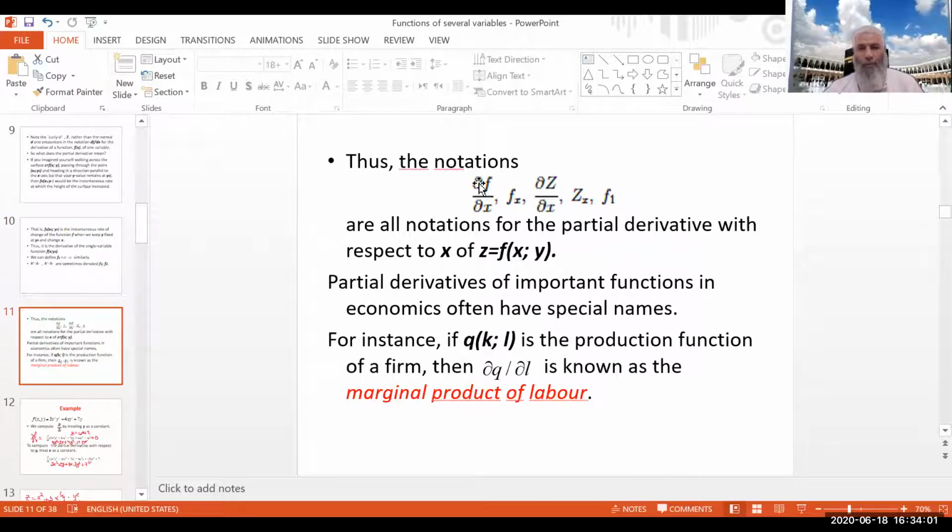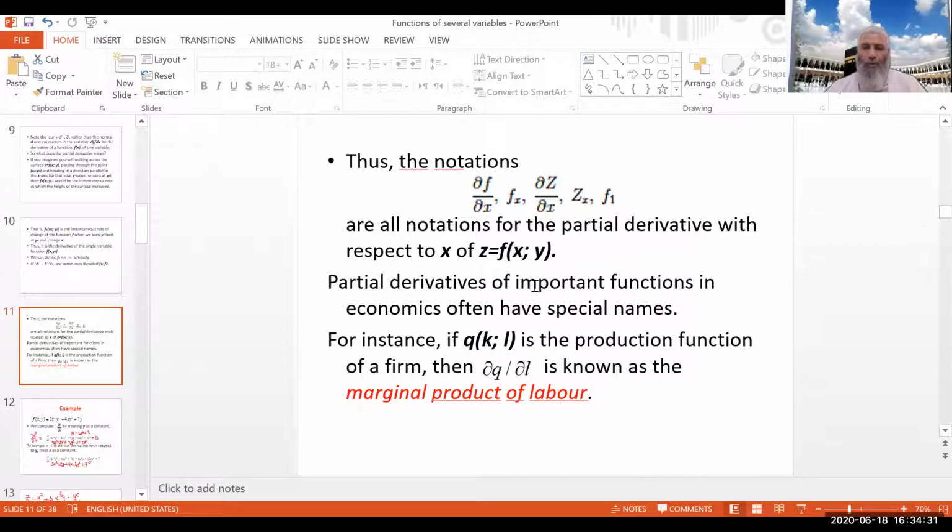Thus, the notation df/dx, f_x, dz/dx, and f1 are all notations for the partial derivative with respect to x of z equals f(x, y).